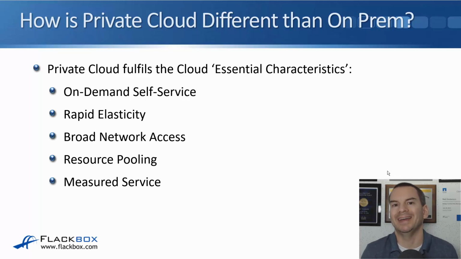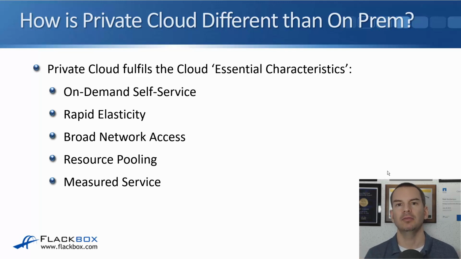Well, they were doing that already anyway with on-premises solutions. So how is a private cloud solution any different? The reason is that it fulfills the cloud essential characteristics. Those were on-demand self-service, rapid elasticity, broad network access, resource pooling, and measured service.